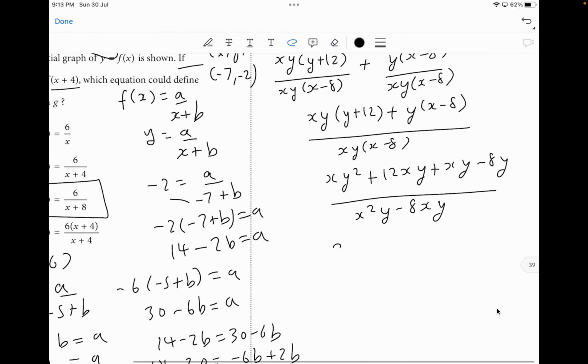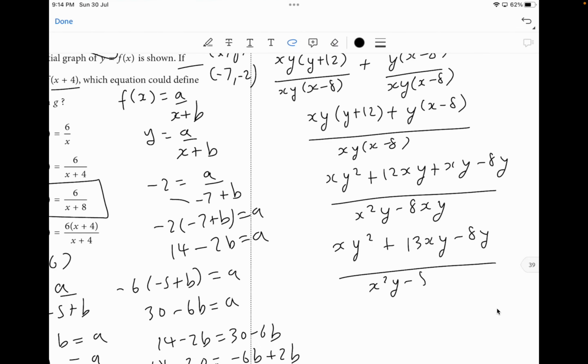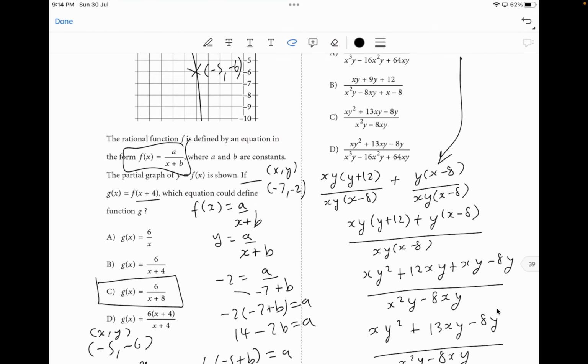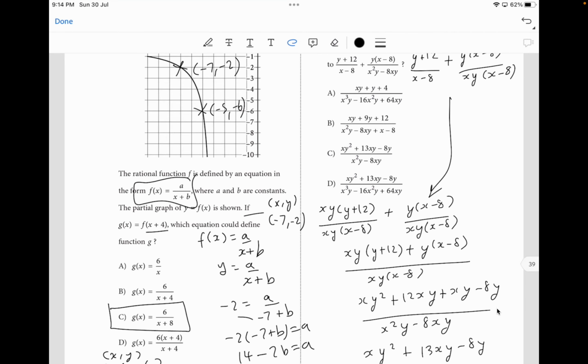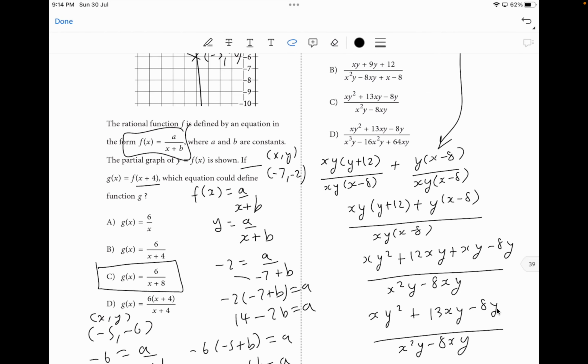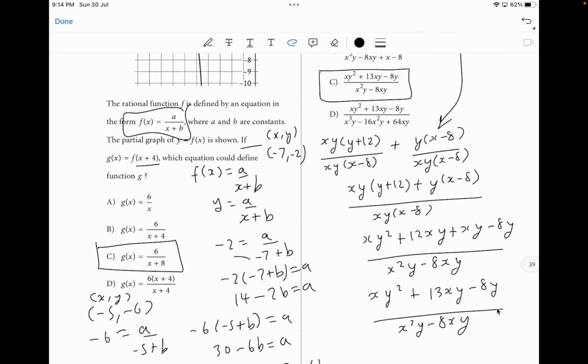So combine the like terms, so it becomes xy squared plus 13xy minus 8y divided by x squared y minus 8xy. Depending on the answer choices given here, it's going to be option C because that's the closest it's resembling. Okay, the answer is going to be option C: xy squared plus 13xy minus 8y divided by x squared y minus 8xy.